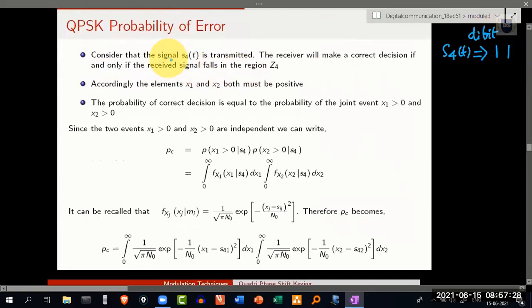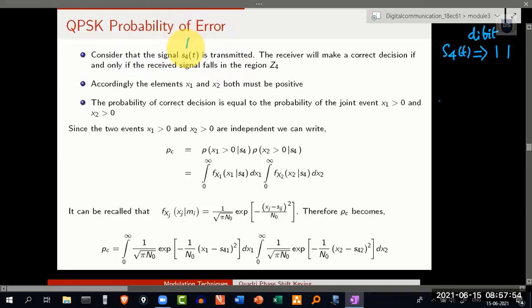So in order to calculate this probability of error, we have to assume some signal has been transmitted. Back in our BPSK, we had assumed bit 0 to be transmitted. Likewise, here we are just assuming that signal S4 of t has been transmitted. And the receiver will make a correct decision if and only if the received signal falls in the region Z4.